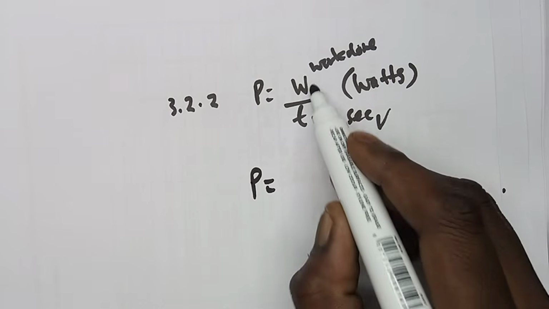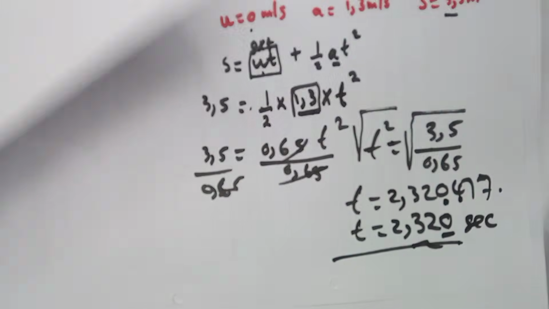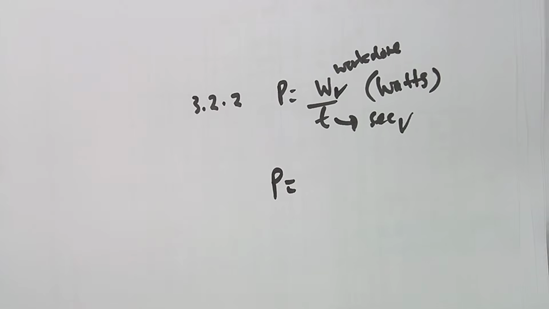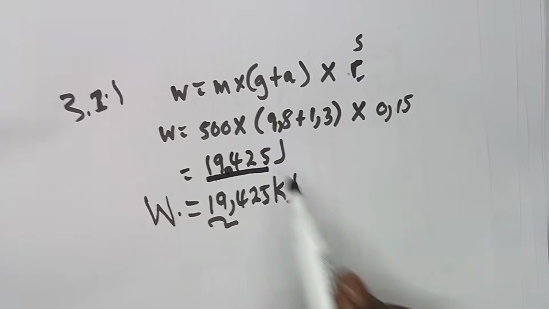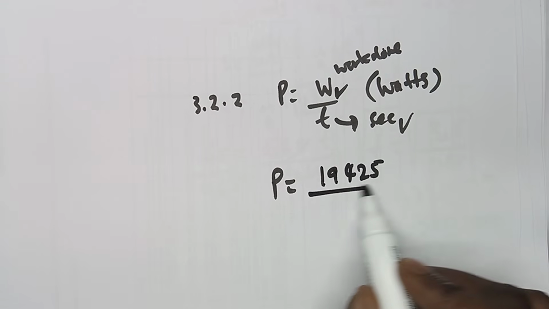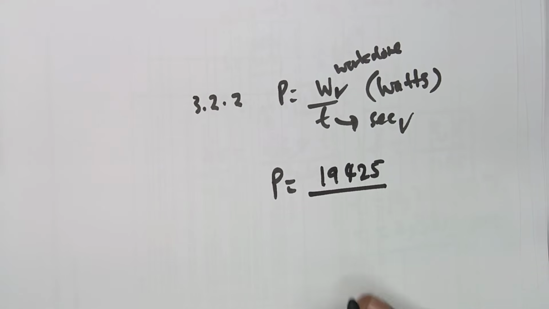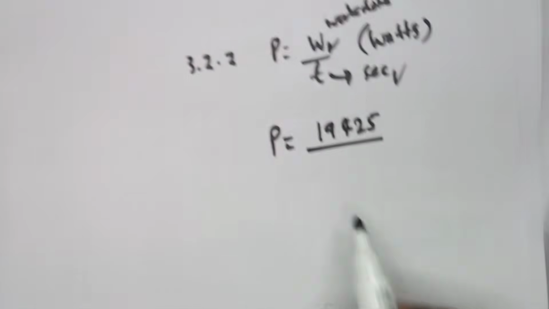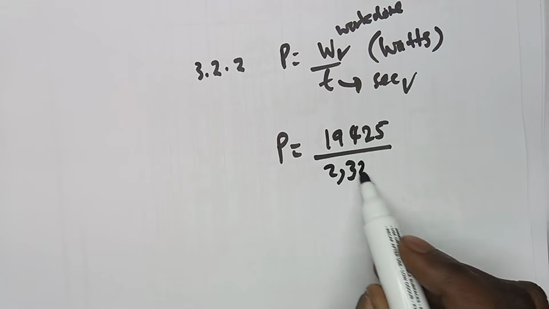Power is equivalent to the work done over time. We got the work done before. Yes, we got this. Let's see what we had. This was the work done here. It was 19,425 over the time. Now the one that we just calculated, the time, is 2,320.